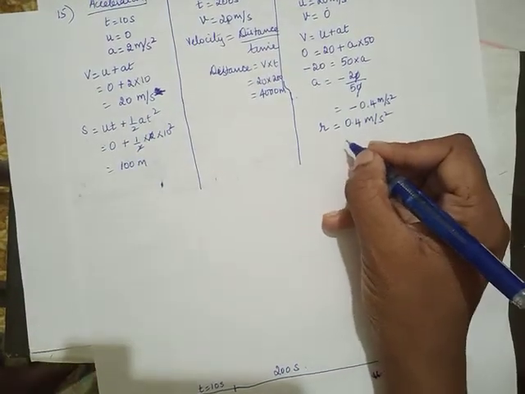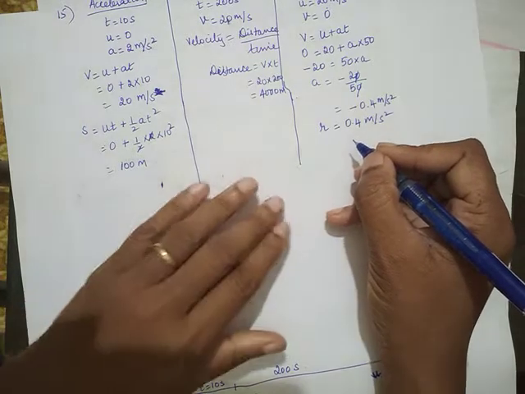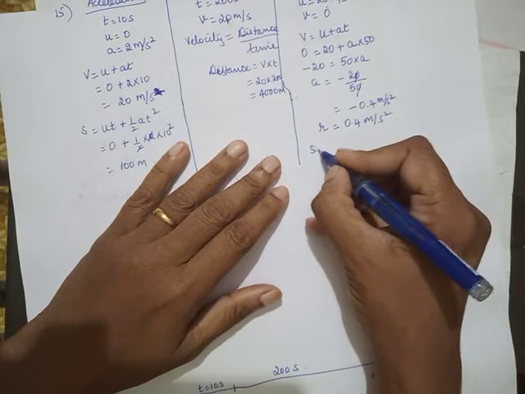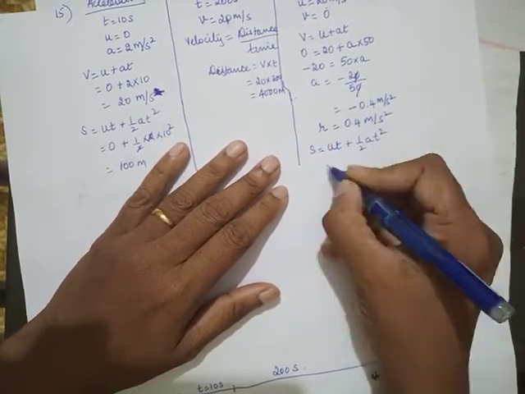And in this case also we have to find distance traveled. Again, I can use any equation. So S is equal to ut plus half at square.